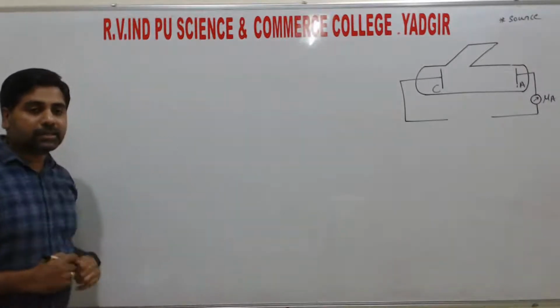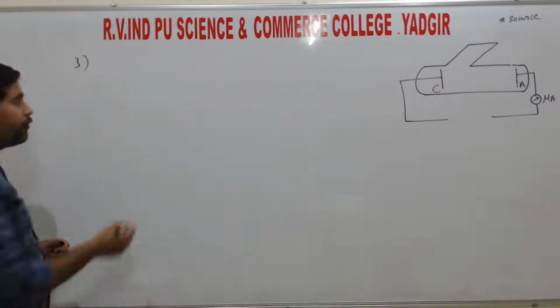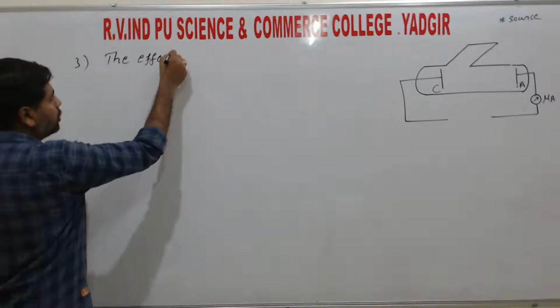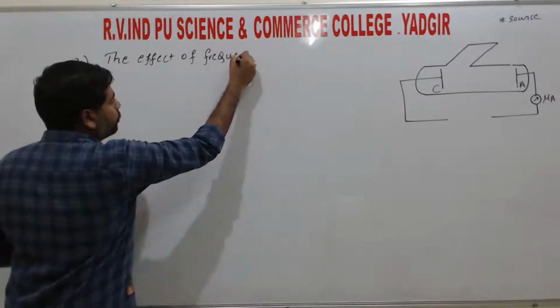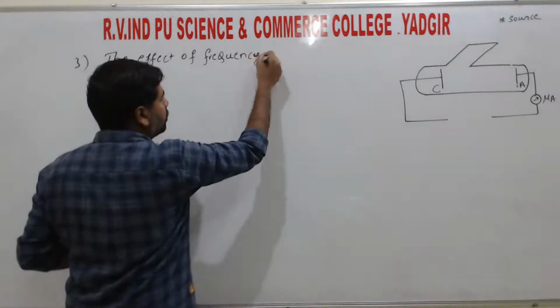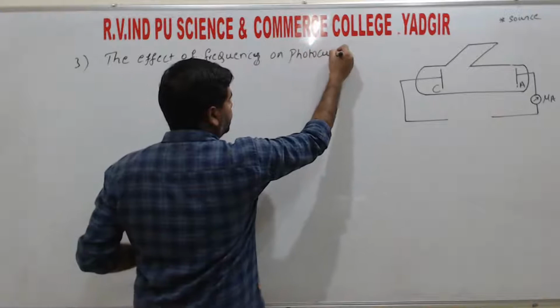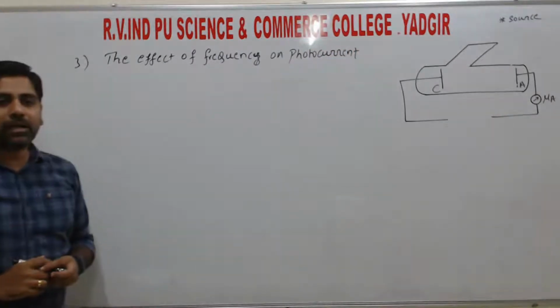we will discuss the third one, the effect of frequency on photocurrent. So this is the third experimental observation.